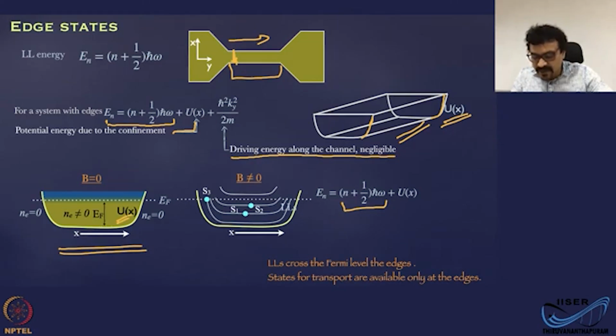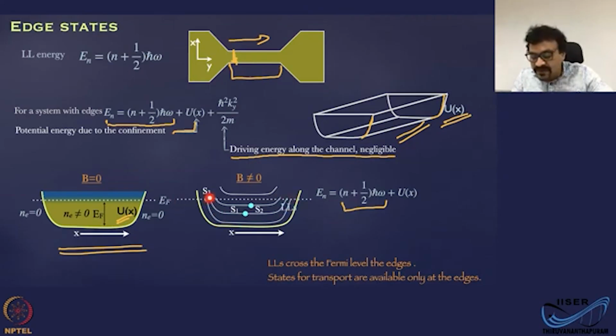But as you move towards the well, this term is going to pick up, so this also will get added to the energy. So all these Landau levels will go up in energy. It will follow the edge of the sample.